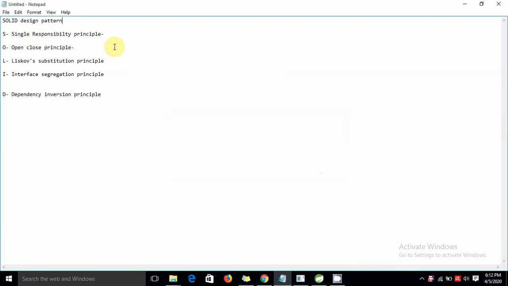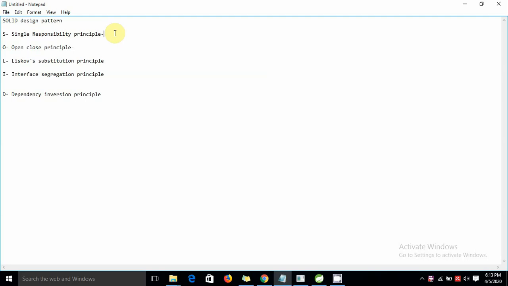So here we can see the single responsibility principle. This principle basically tells that whenever we are designing any class, that particular class should be responsible for a single kind of behavior.